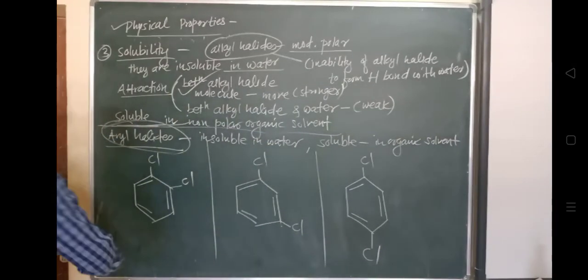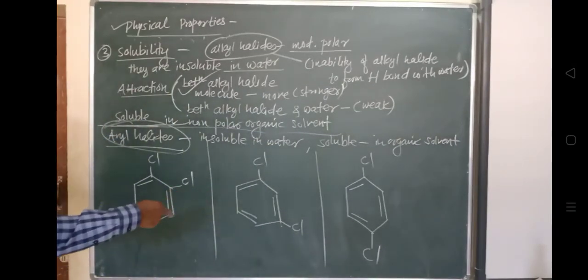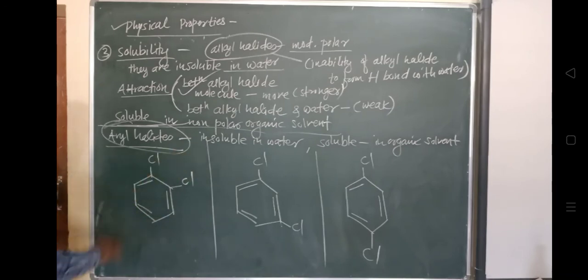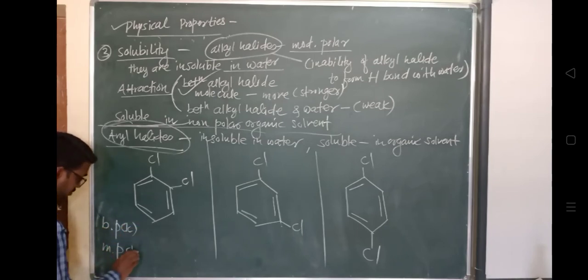So have a look at all these three aryl halides. Okay, these are aryl halides of chlorine. So what is happening right now? If we talk about their boiling point, I'm going to write down their boiling point in Kelvin ऊपर में लिखूंगा और उसका जो melting point है Kelvin में मैं नीचे लिखूंगा.